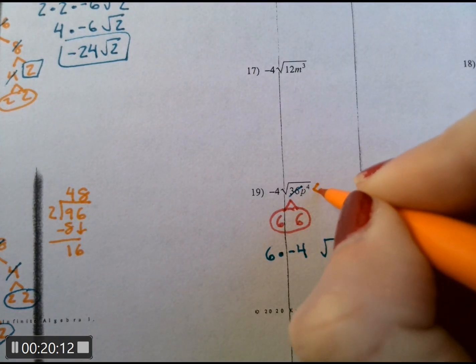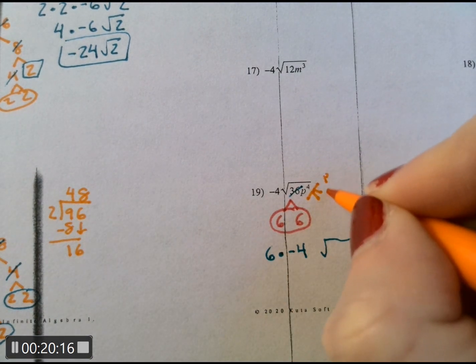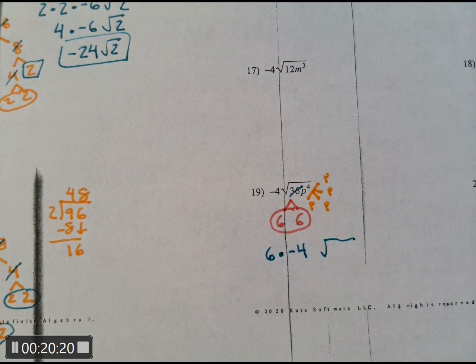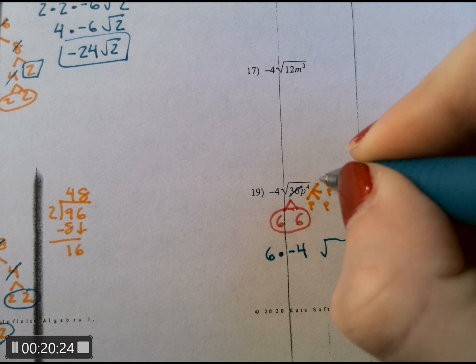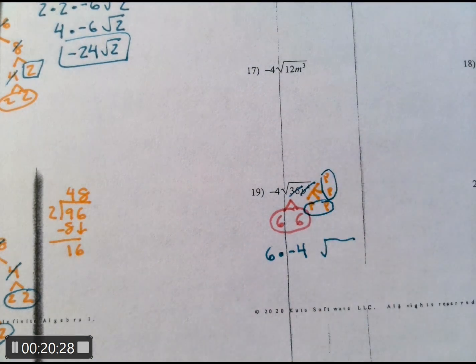All right. So next we have P to the 4th. So we're going to draw 4 arms. And P, P, P, P. I'm going to circle our pairs. 1, 2. Oh, okay, so I have 2 pairs.